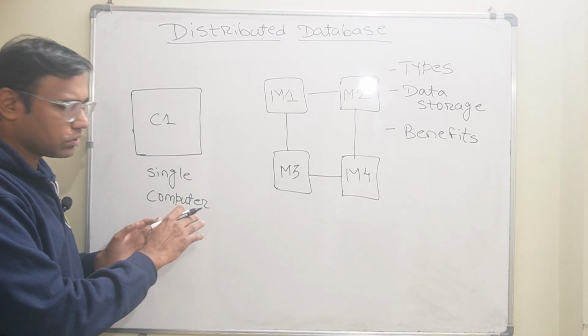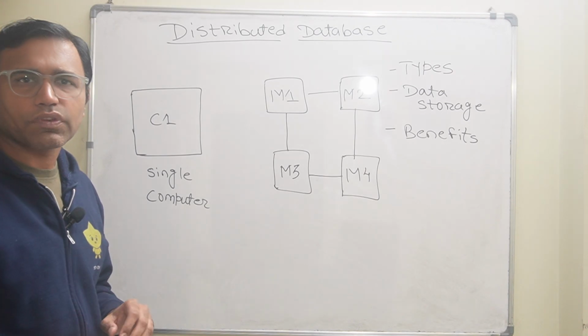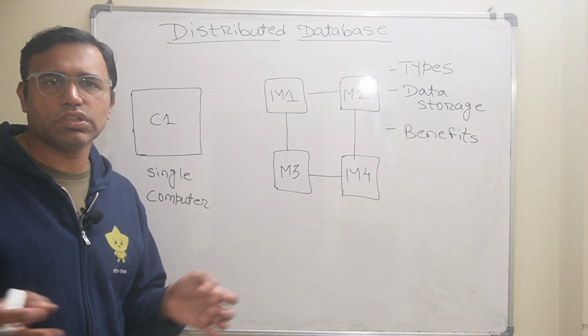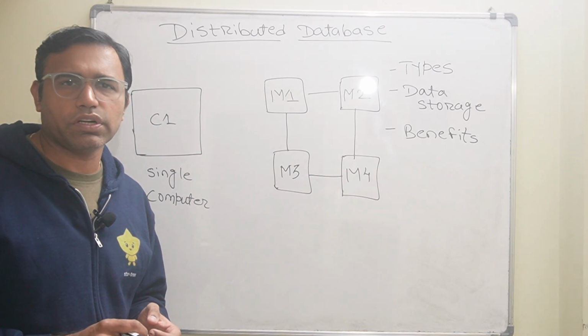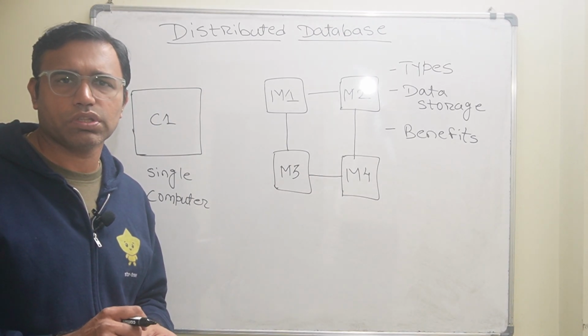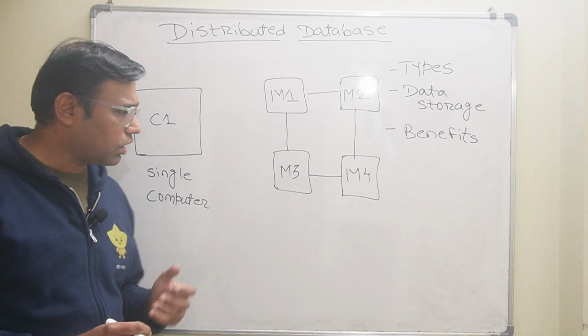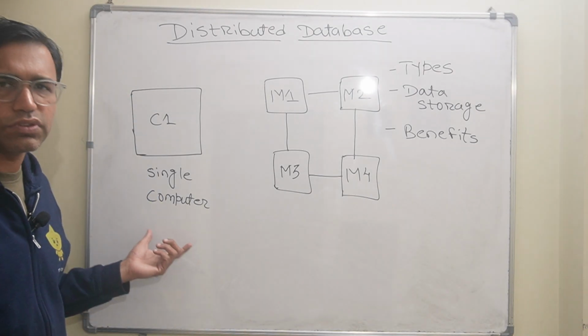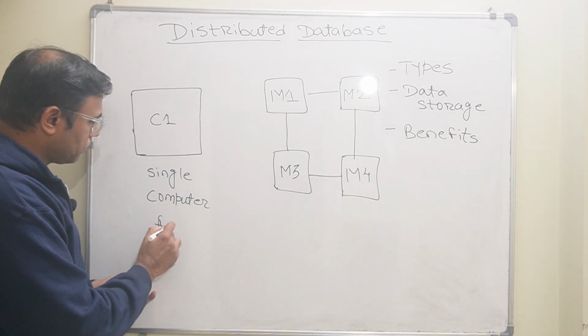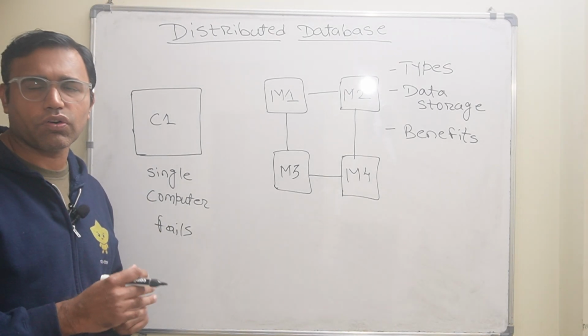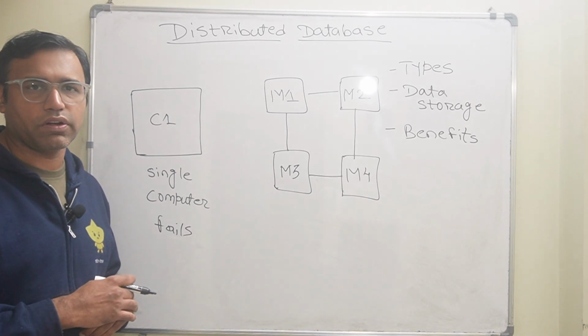You can divide the data into multiple computers. Now there should be provision to distribute the data. So if your database is not supporting distribution, then you cannot distribute the data. Another disadvantage is if this computer fails, then the complete system can go down. So you have complete dependency on a single computer.